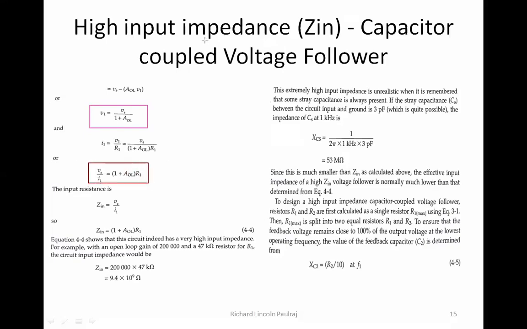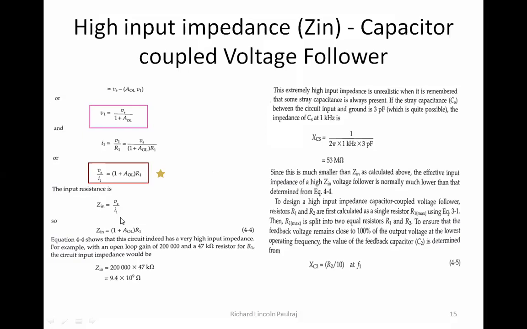Now this is a very important formula, probably the most used formula: 1 plus AOL into R1. We know that the input resistance Zin is equal to Vs divided by the current. Vs is the source voltage, Zin is the input impedance, so Vs divided by I1, the current generated at I1, not I2.